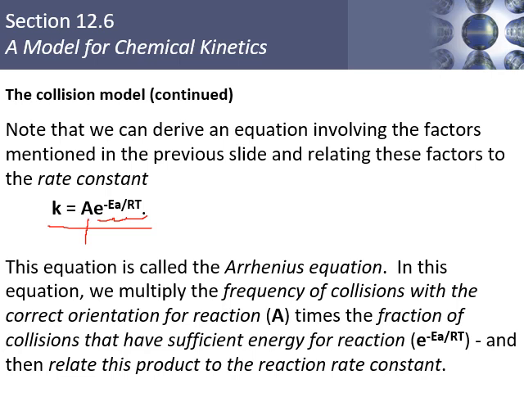Multiply those two things together and you get the rate constant. The rate constant is going to tell you how fast the rate goes. A big constant means you're going to have a fast rate. Again, if you increase the temperature, you're going to increase the rate of the reaction. But if you increase the activation energy, you're going to decrease the rate of the reaction because you're making it harder for this to happen. In other words, you're increasing the amount of energy they would have to react.